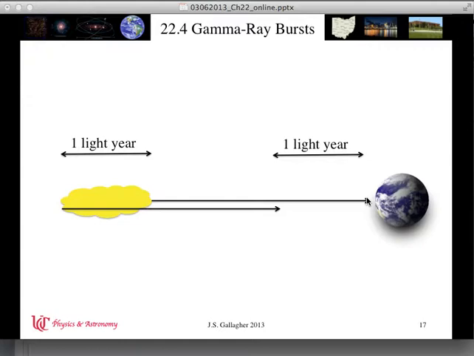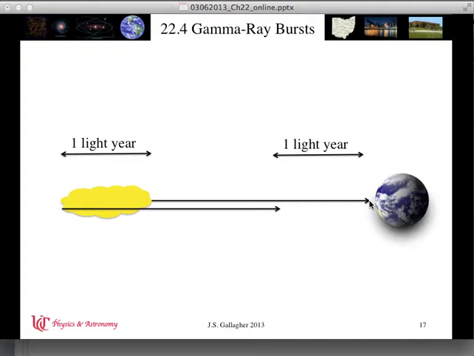At the exact same time, light from the back side of that object would also proceed towards the Earth at the speed of light. Now what does this mean? It means that up until that first photon arrives, we still see it as the duller, fainter object. It's not till the extra photons come to us from the front of the object that we start to see it brighten. So it's going to slowly begin to brighten.